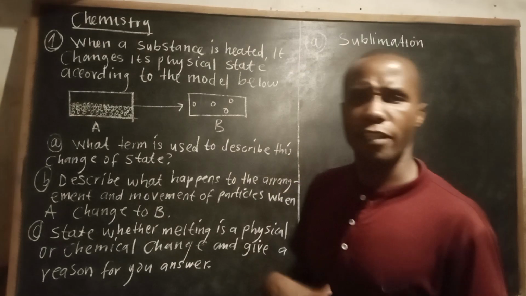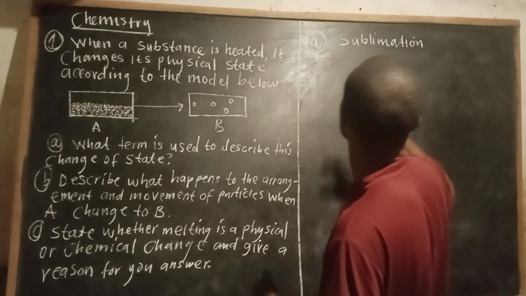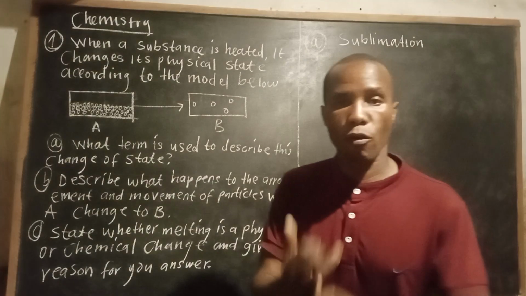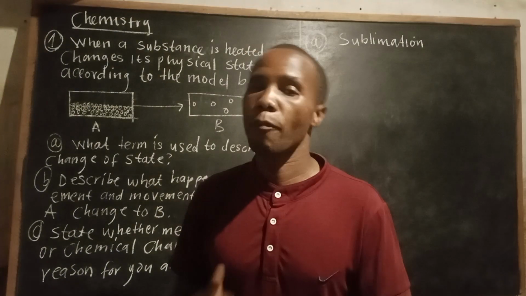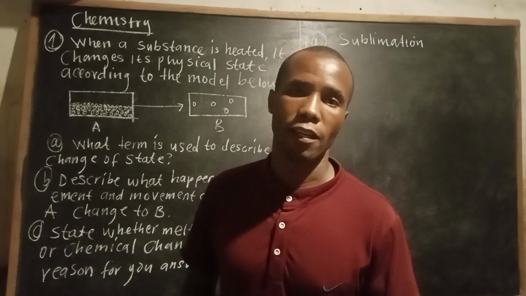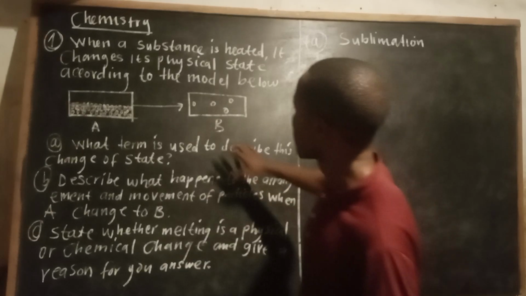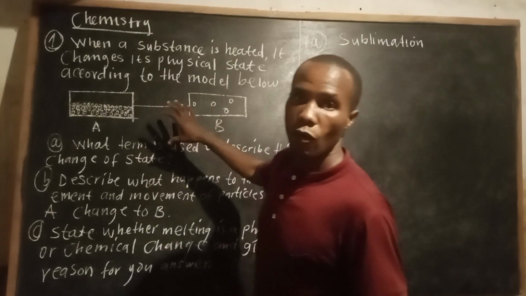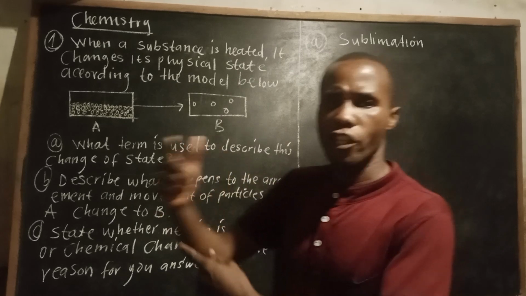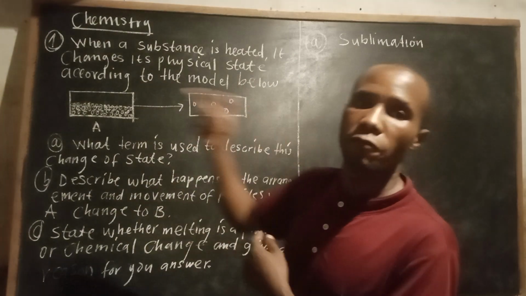Now, there are specific substances that undergo sublimation. One of them is iodine, another one ammonium sulfate, ammonium chloride, and carbon dioxide. These four that I've mentioned are the ones that undergo sublimation. Once you heat ammonium chloride, it will change directly to gas state, and vice versa.